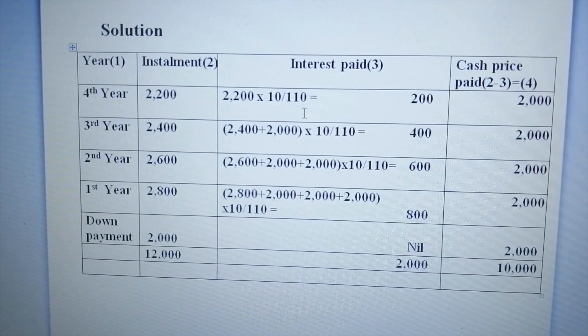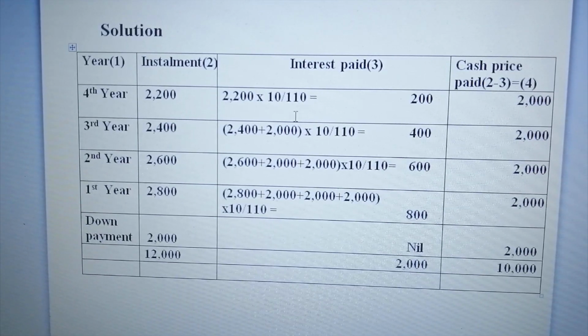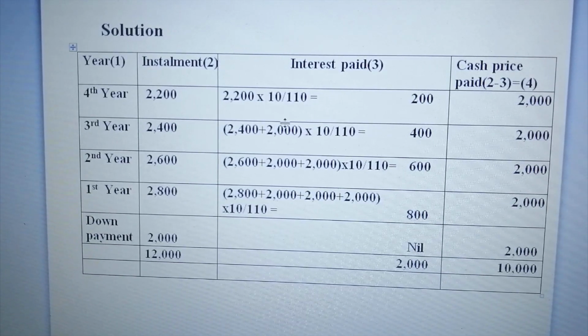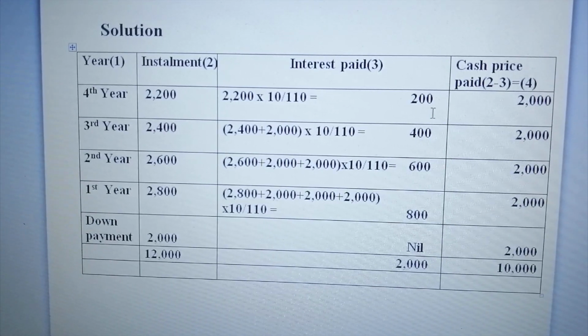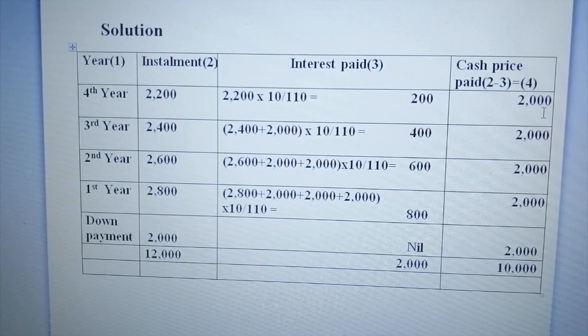Here, the interest is calculated on the basis of the ratio of interest on installment amount that we already calculated, that is 10 divided by 110. Now the interest amount is how much? 200 rupees. This interest is already included in the installment amount. So in order to get the cash price, we deduct this interest amount from the installment amount. Therefore the cash price is how much? 2000 rupees.